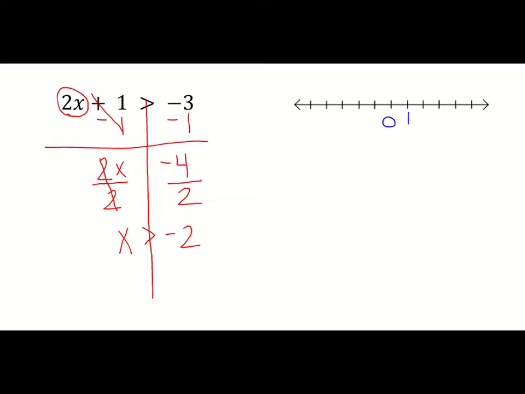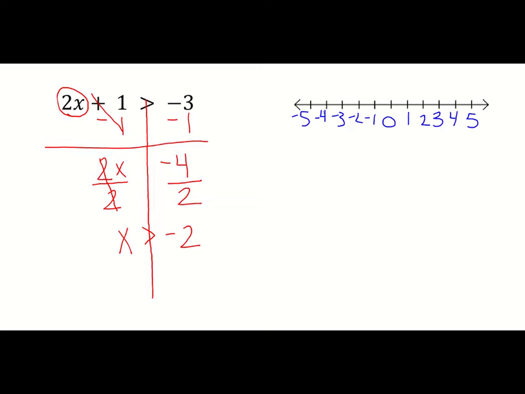I'm going to put 0 in the middle. I'm going to count up to 5. I'm going to count backwards. Negative 3, negative 4, negative 5. So I'm going to count backwards to negative 5.